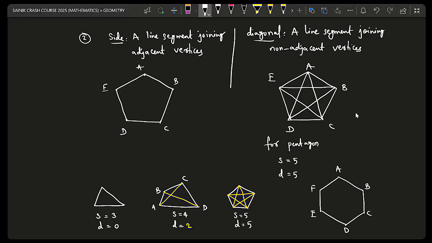Yes, Rishika, can you say the first diagonal you can identify? Sir, A and C. Okay, AC is a diagonal. Keep counting. It is 1. B and D. 2.